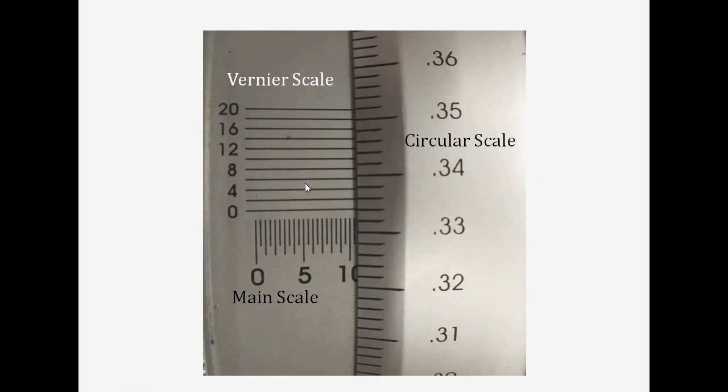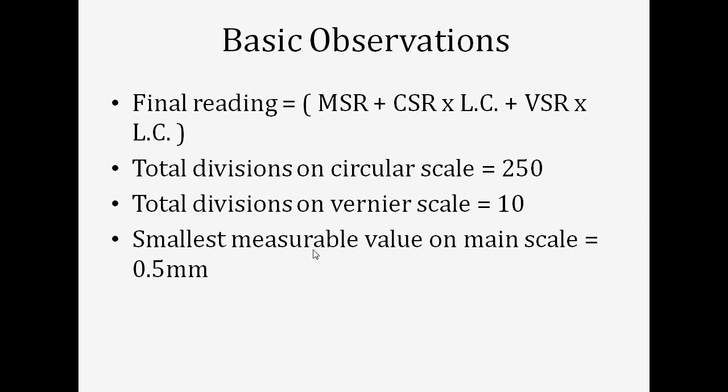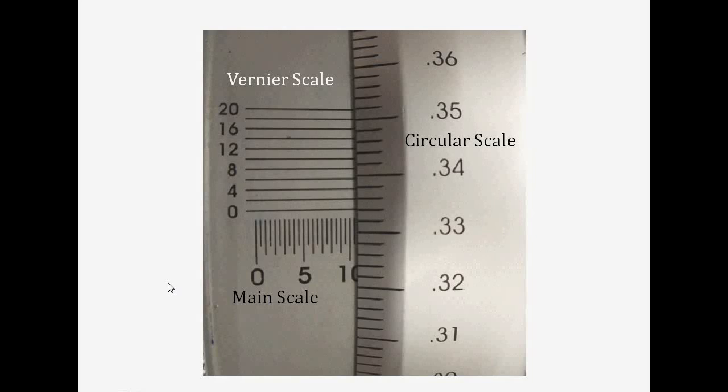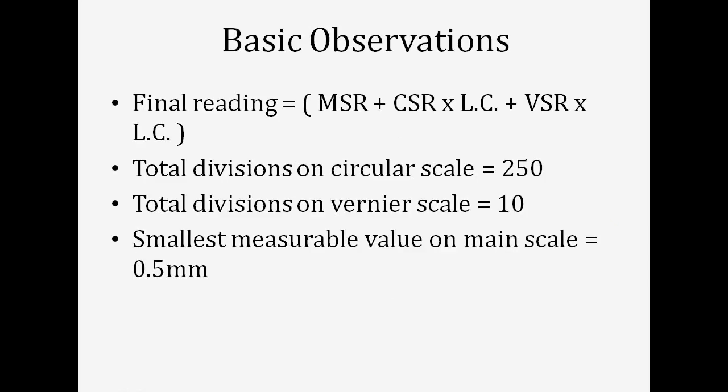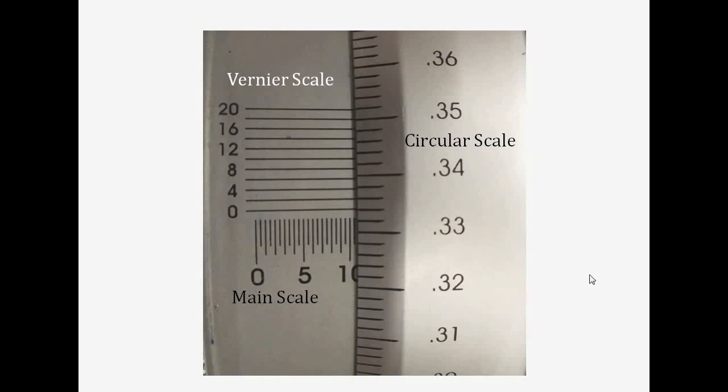And the smallest measurable value on the main scale is 0.5 mm, so these are the 0.5 mm divisions on the main scale. These are the basic observations that you must know.